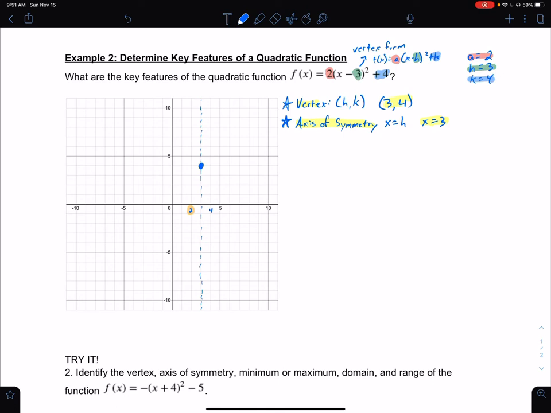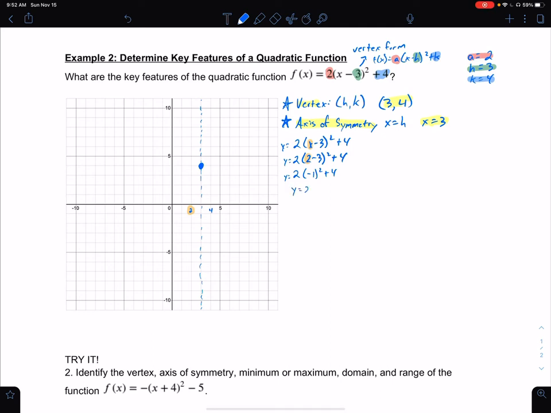That 2 is going to get plugged into your original function. So I'm going to do 2 times 2 minus 3 squared plus 4. And again, this 2 is my x value. So we have 2 times negative 1 squared plus 4. Sorry, this is y equals.